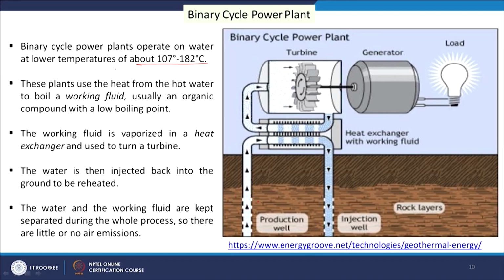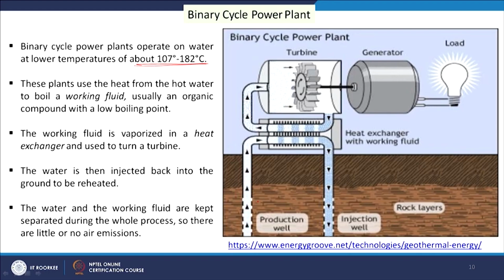This water at 170 to 180 degree centigrade will come here, we will recover the heat available in this water, and then another organic solvent is used. That will be vaporized at lower temperature, and that vapor will be used for running the turbine blades, and then the turbine shaft coupled with the generator will give us the electricity.